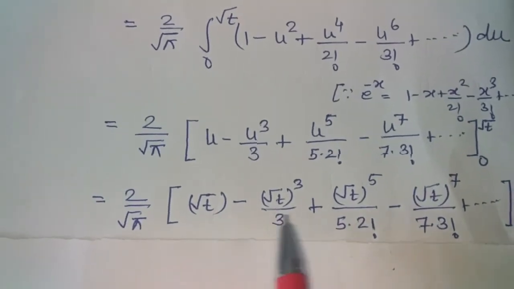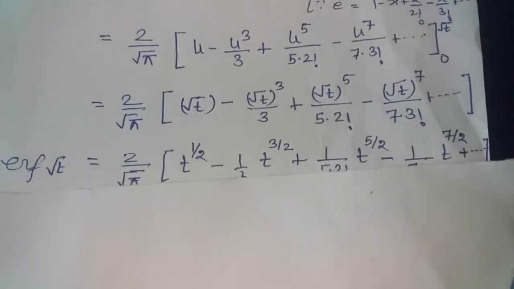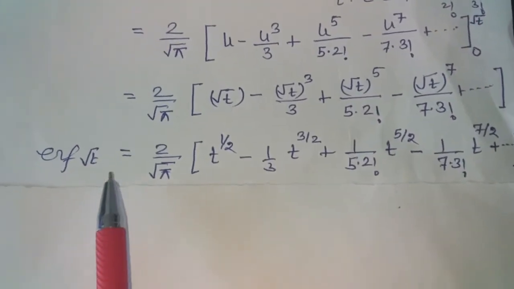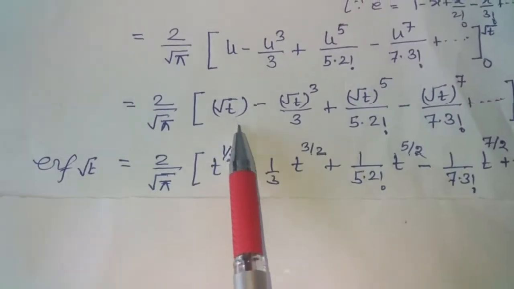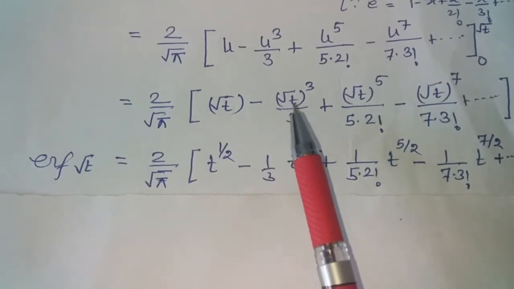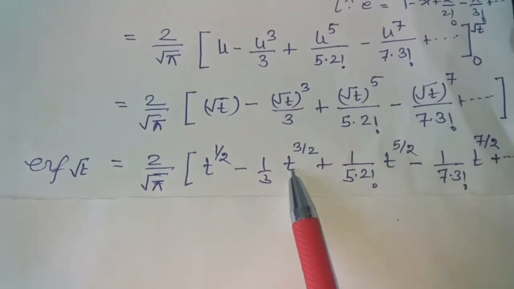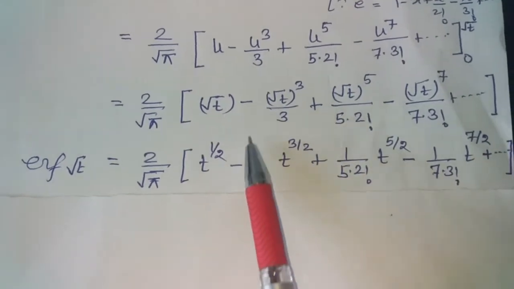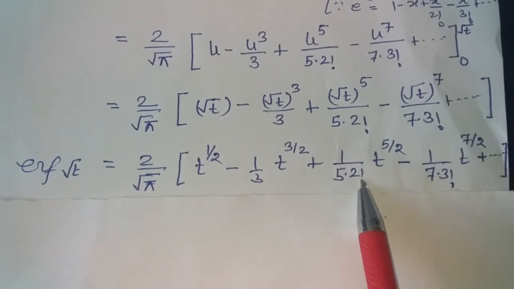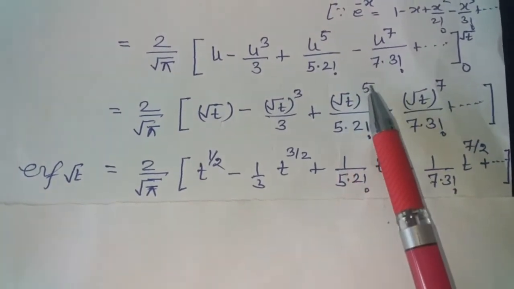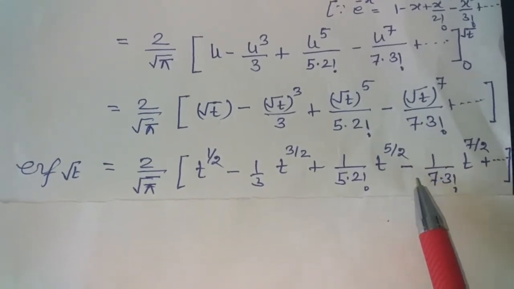So in place of root t we write t power half and we get the error function root t equal to 2 upon root pi times t power half minus t power 3 by 2 multiplied by 1 by 3 plus 1 upon 5 into 2 factorial t power 5 by 2 minus and so on.